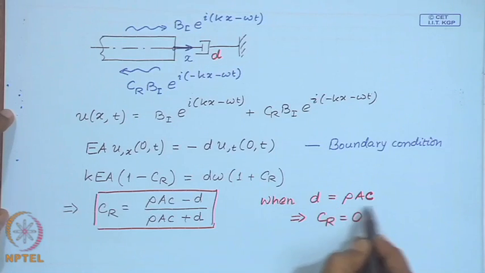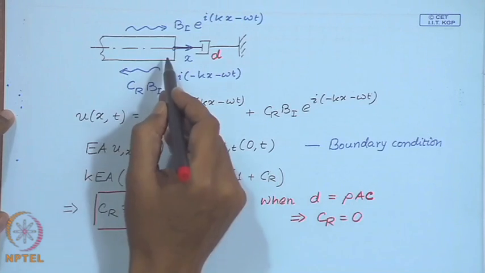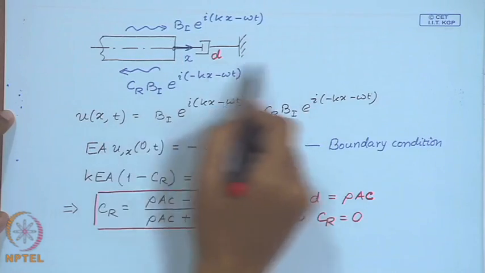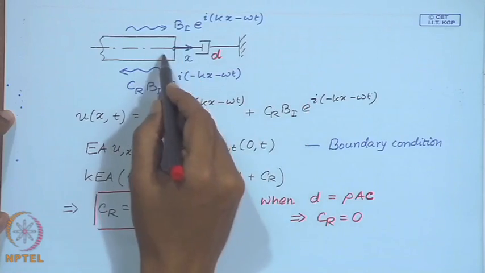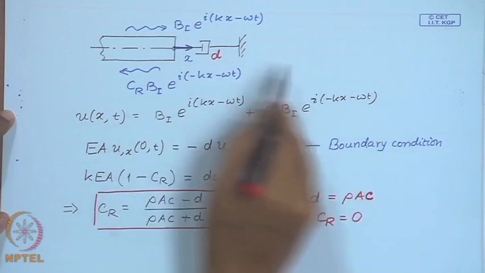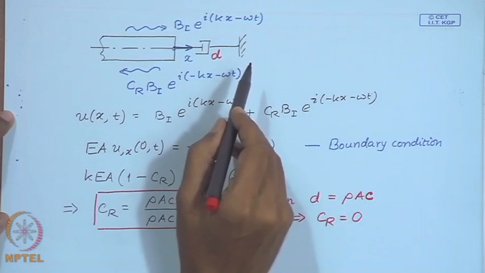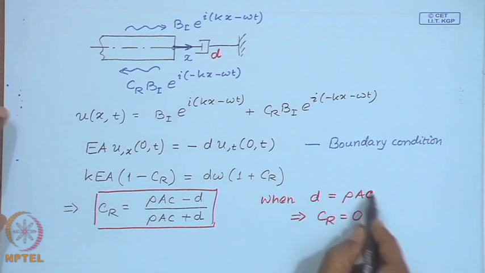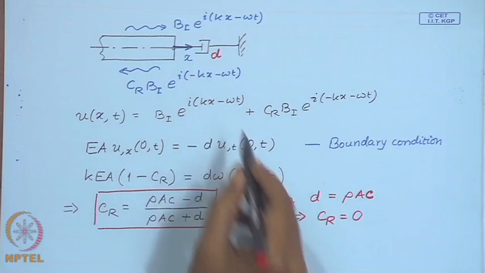If you recall, the impedance of a semi infinite bar is also rho a c. So, what this wave feels is that there is a semi infinite bar attached at this point, as if this bar has been extended up to infinity. So, the whole wave goes into that. So, it gets completely absorbed at this boundary for this very special value of the damping coefficient.